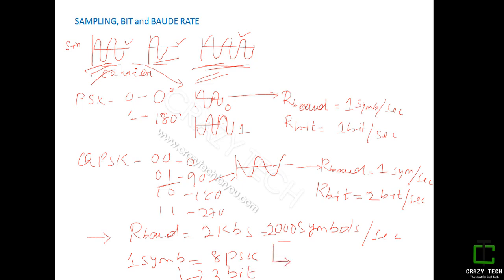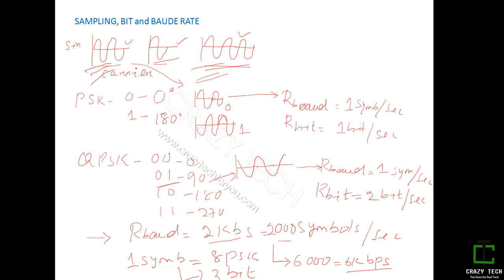That's why my bit rate would be 6000, meaning 6 kbps.